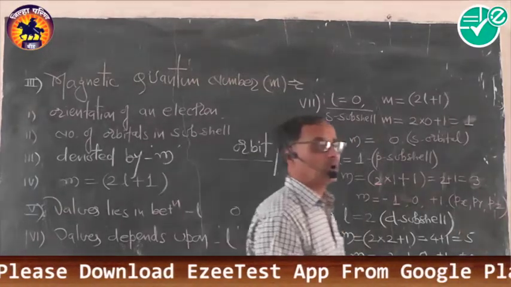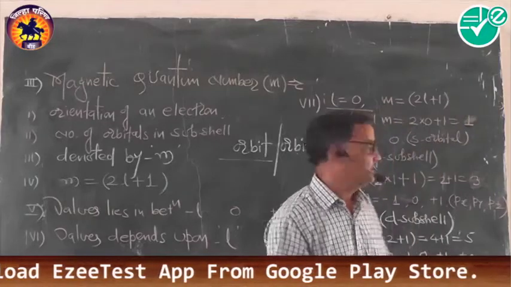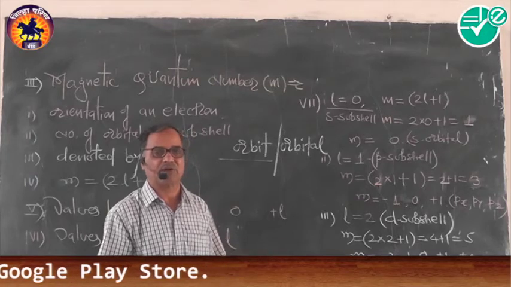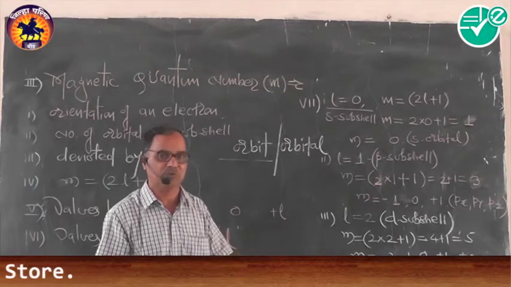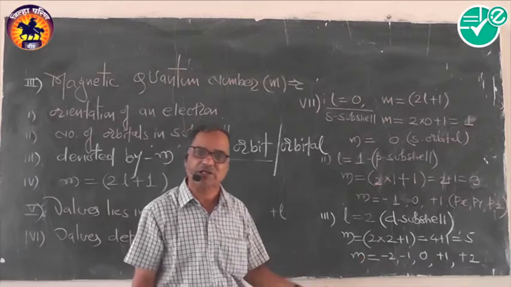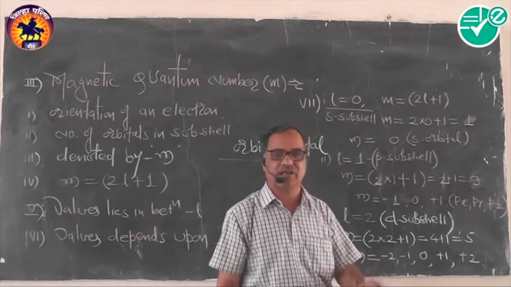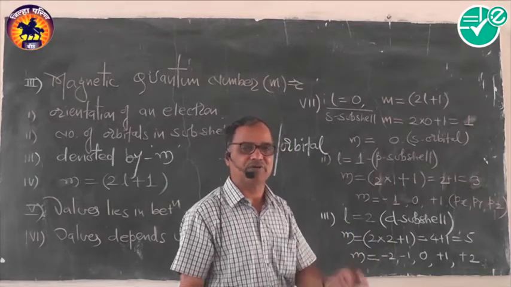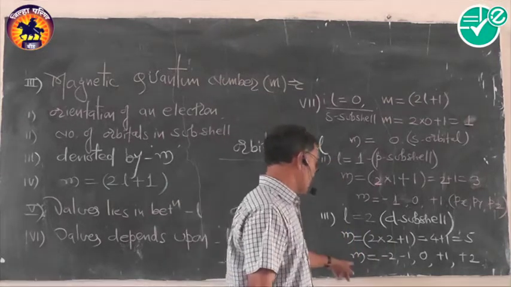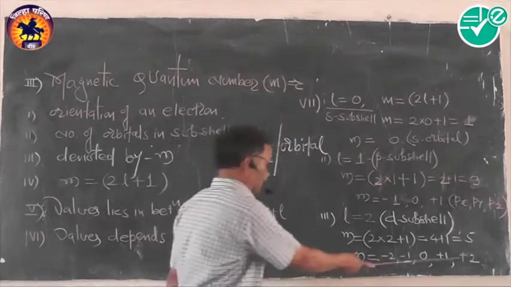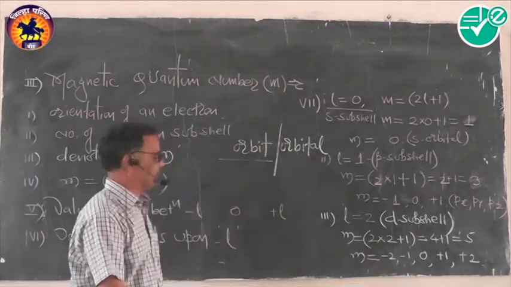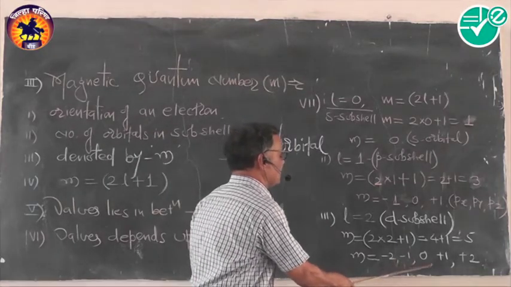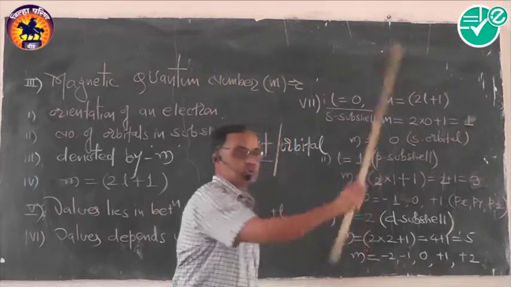There are 5 orbitals in the d subshell. 5 orbitals means the number of electrons is 5 multiplied by 2, that is 10. So the d subshell contains a maximum of 10 electrons and 5 orbitals are present in it. The values of the magnetic quantum number are -2, -1, 0, +1, and +2 respectively.